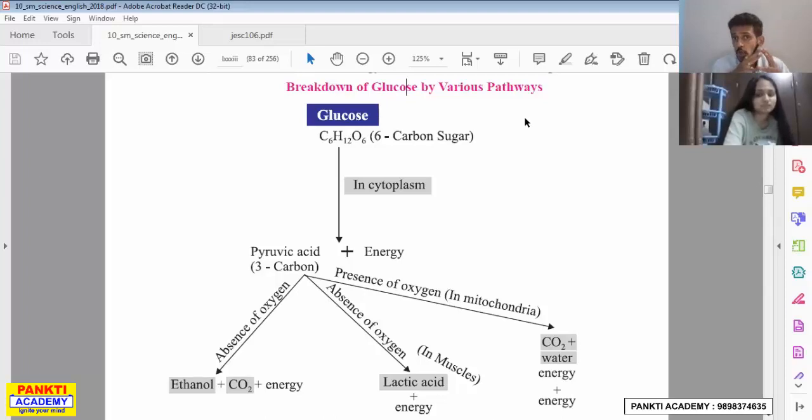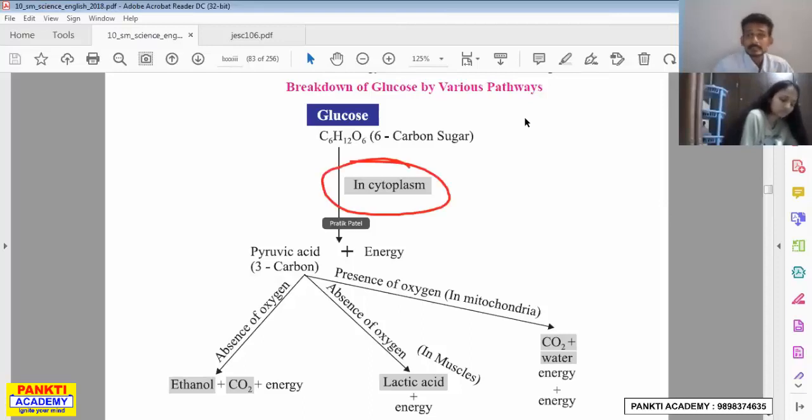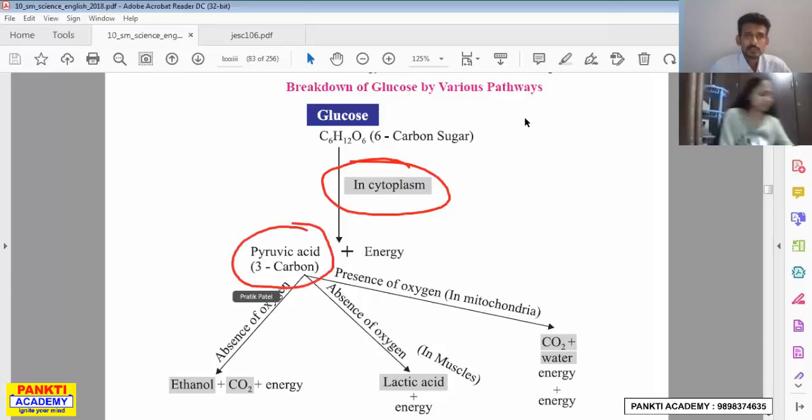First, what is the chemical formula of glucose? C6H12O6. So in this glucose, there are 6 carbons. How many carbons? 6 carbons. So in the cytoplasm, the first step: glucose converts into pyruvic acid, also called pyruvate.